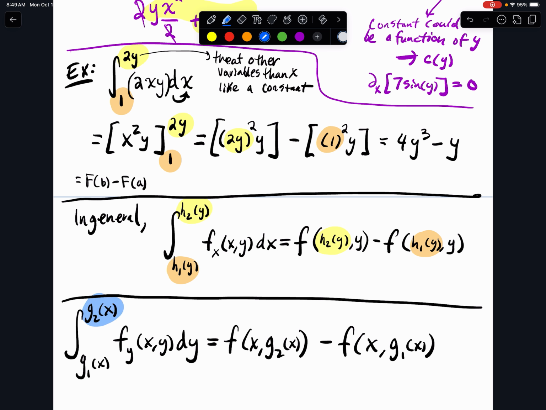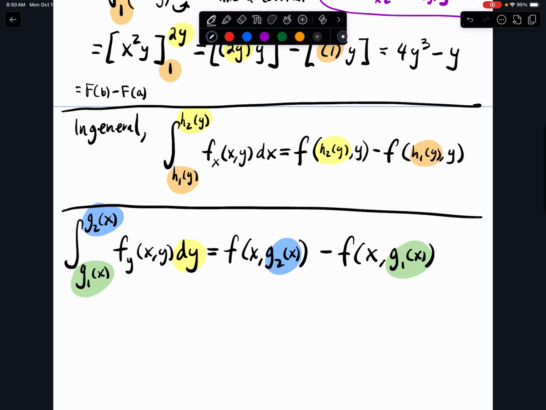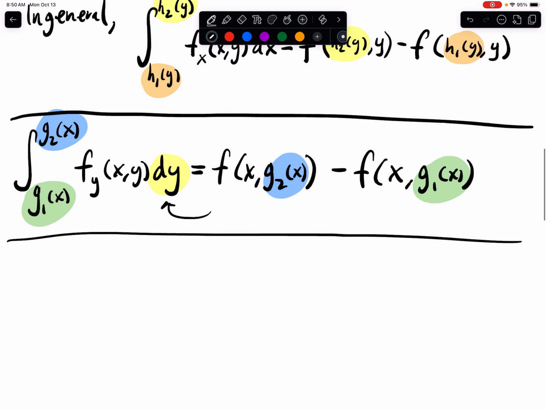So g2 plugs in for my y value here, and g1 plugs in for my y value there. Remember, I'm integrating with respect to y. So let's try an example where we integrate with respect to y. Have that for your notes.